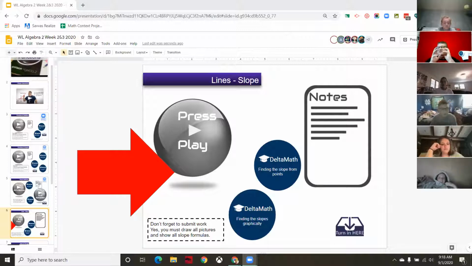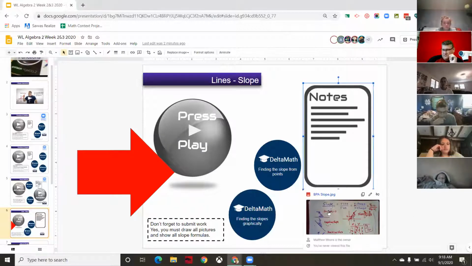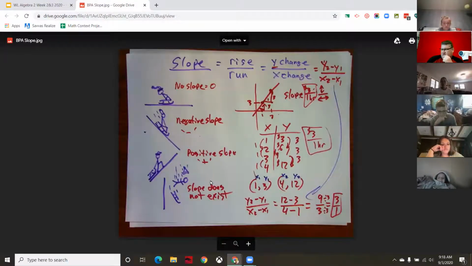However, what's the formula for just slope itself? There's the formula right up here. Slope, rise over run, y change over x change, y2 minus y1 over x2 minus x1.